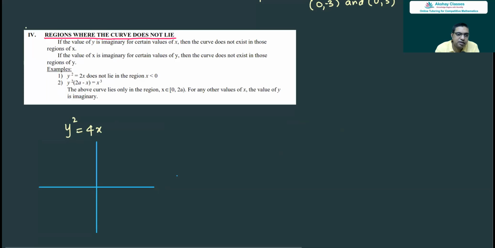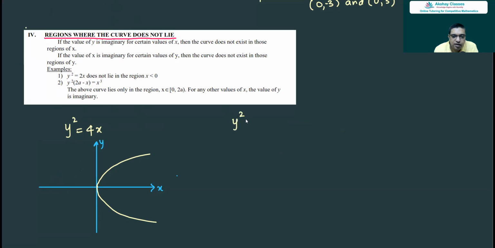It's not just by graphers. So there's y square equal to 4x. It does not exist in this region, the negative side of the x-axis. Similarly, this one. This is a good curve.